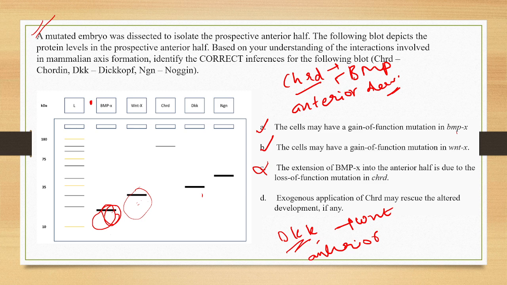It will have uncontrolled proliferation of BMP. So this also becomes wrong. Because there has been a gain of function mutation in BMP-X, even if we provide chordin from the exterior, it cannot inhibit BMP, just like DKK could not inhibit Wnt-X.